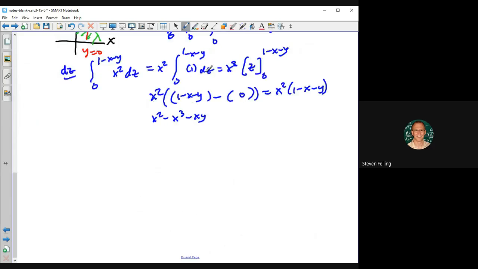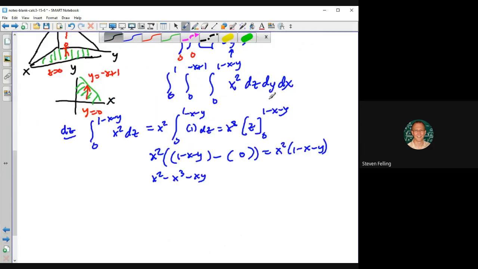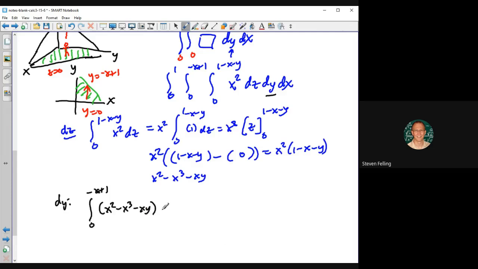Let me switch colors and we'll do the next integral. The next integral is the y one. For the y integral, we're doing from 0 to negative x plus 1 of the result, x squared minus x cubed minus xy dy. That means only y is an integration variable. So you can think of this as a constant, which is just x squared minus x cubed, times the integral of just 1 dy.